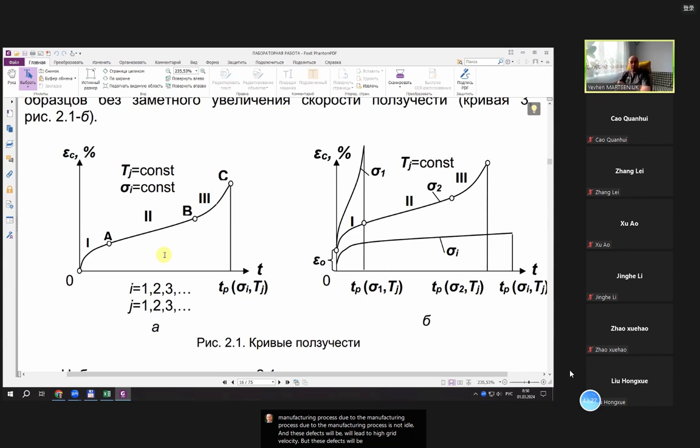But these defects will be under loading. They will maybe be closed or moved outside.